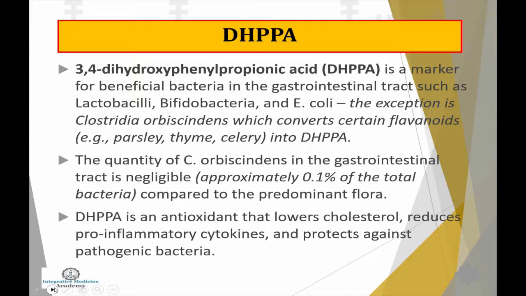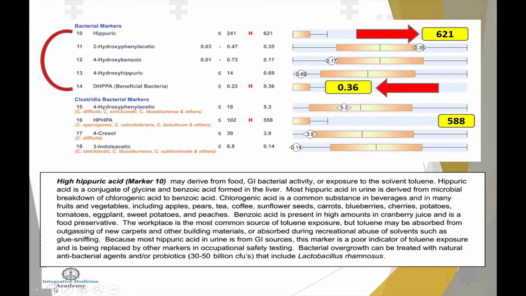Hippuric, marker number 10, this too can come about from normal intestinal bacterial activity. It might be indicative of something called toluene. Toluene is a solvent. So if somebody works around solvents, chemicals, for example, then that might be the source.